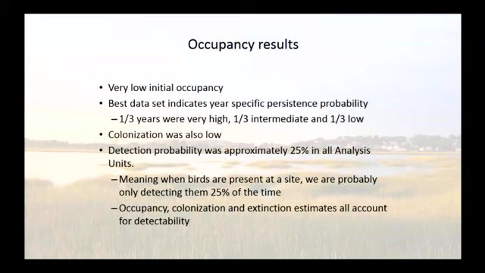But then in other years, there was really, really low persistence probability, like down in the 30s. So if you went to all of your same sites, only 30% of them were occupied in year 4, or something like that. So we had this dynamic of these year-specific occupancy probabilities, and we felt like that justified us setting up a year-specific occupancy or persistence draw, which I'll talk a little bit about, I think.